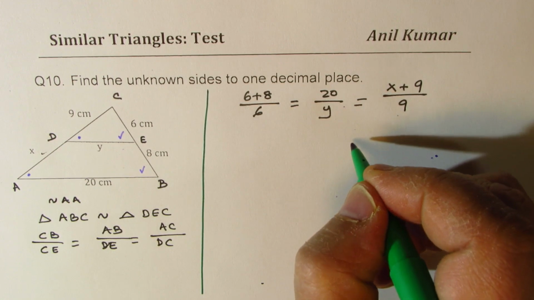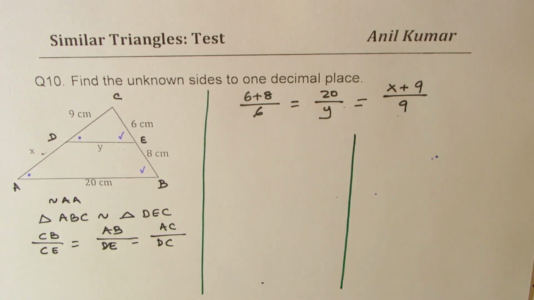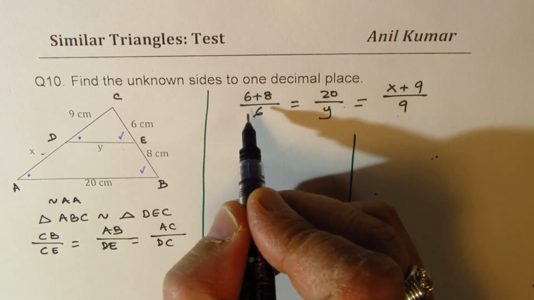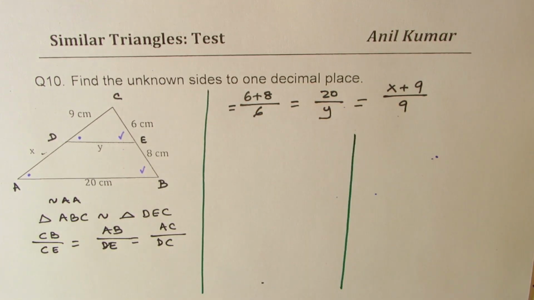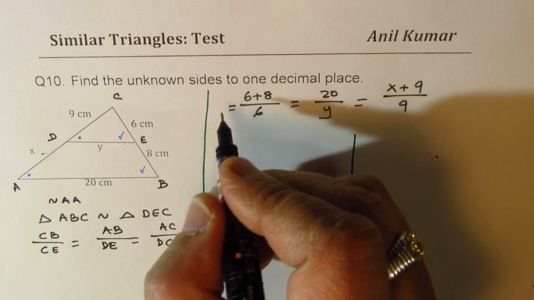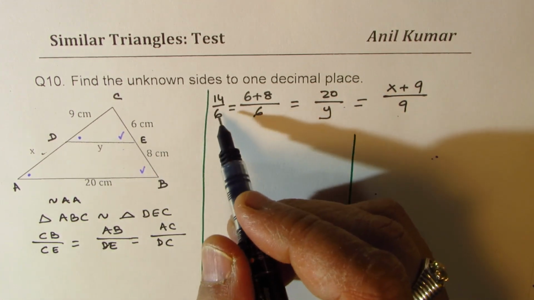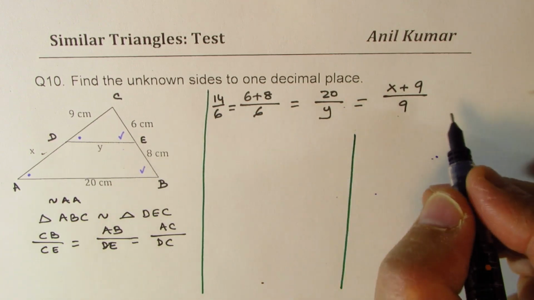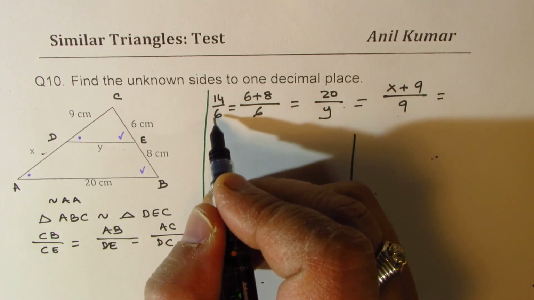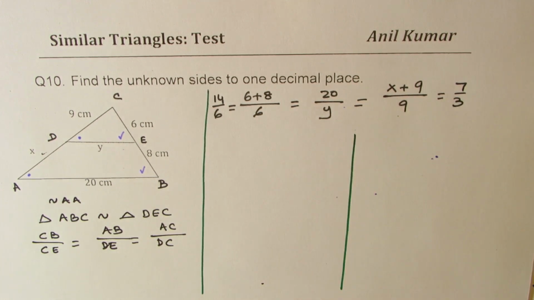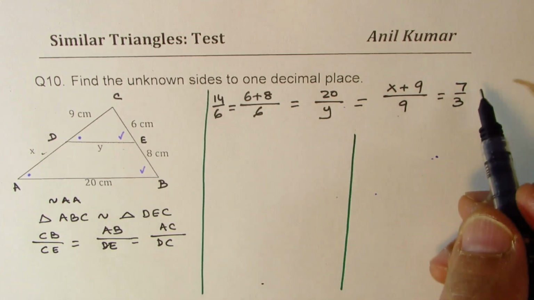So from here we get two equations to solve, just as we did last time. So 6 plus 8 over 6, let's write this as 14 over 6. There's no harm in simplifying. You can write 7 over 3 also, dividing both by 2. Is that okay? So that is how you could simplify and then continue.